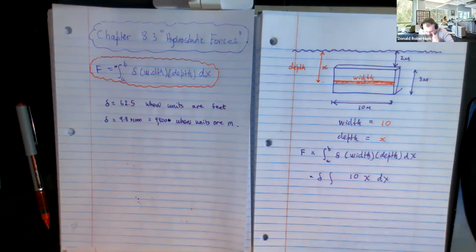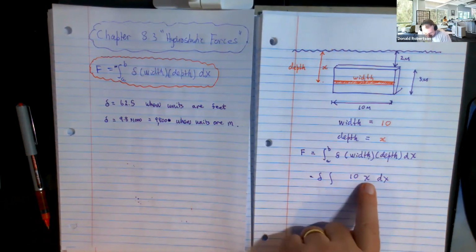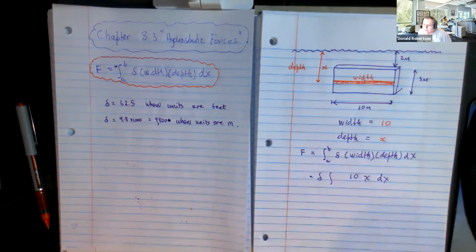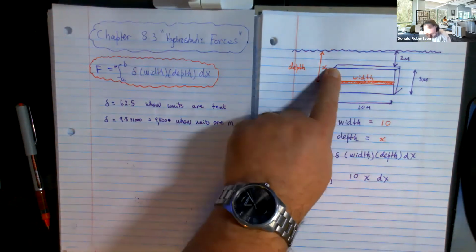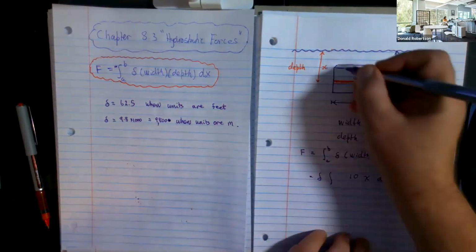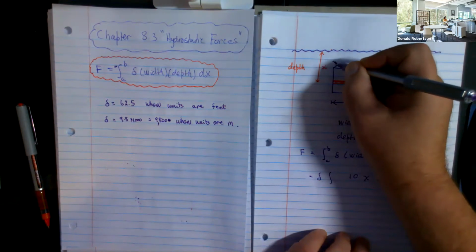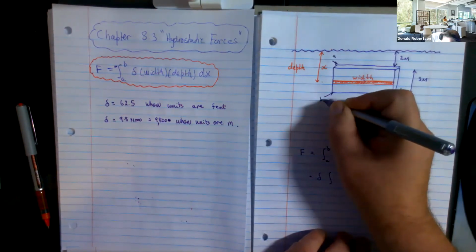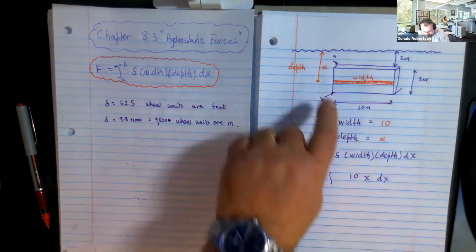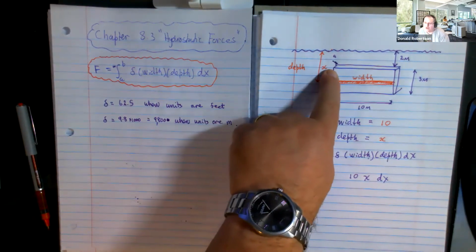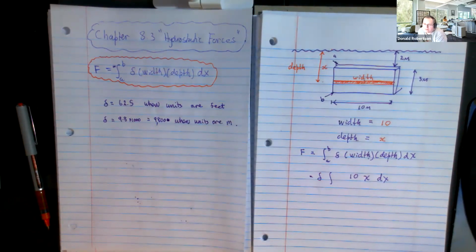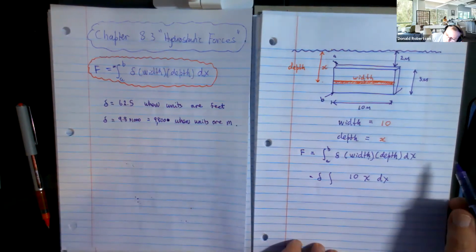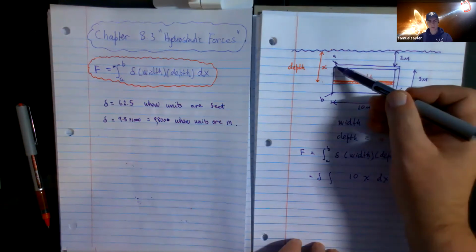And now we have to figure out A and B. Now, A represents the value of x here, and B is going to be the value of x when it's there. So what's the value of x going to be at the top of this plane? Three.